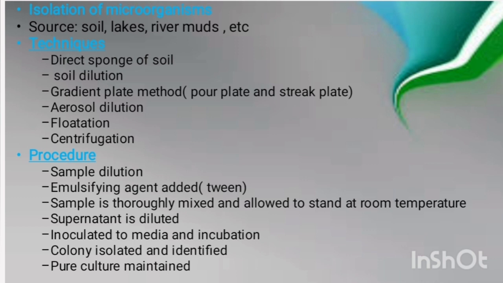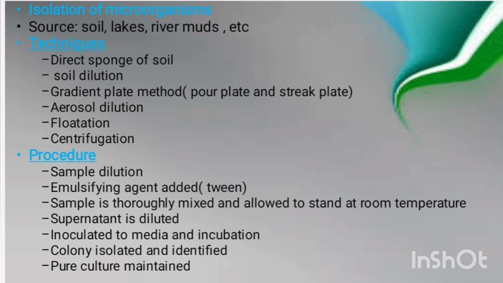You are familiar with the general method for the isolation of microorganisms from the soil or water that is given here. First step, the sample is diluted with sterile water. The sample may be soil or water.